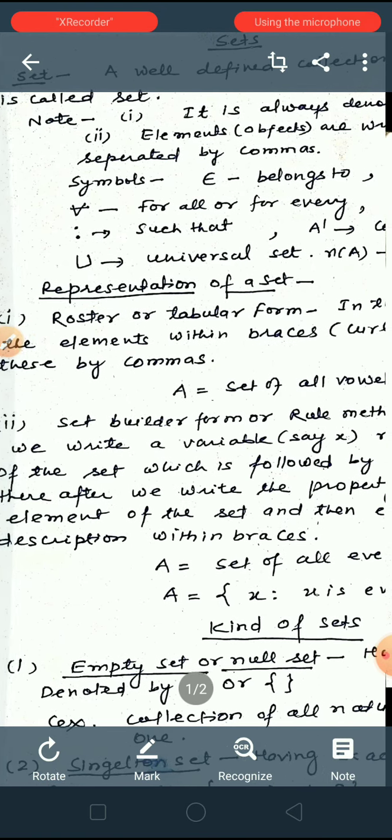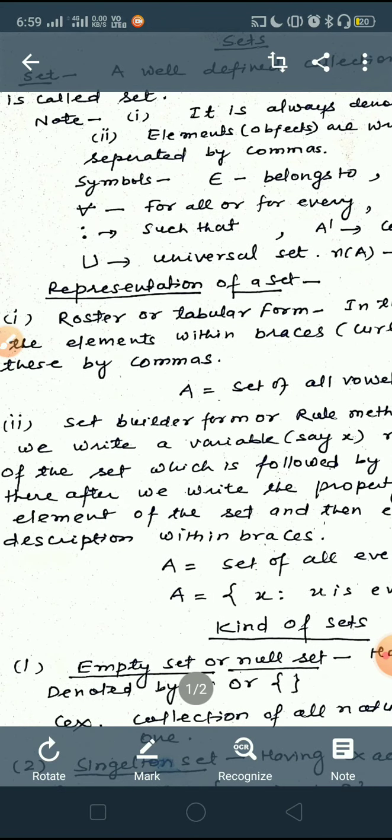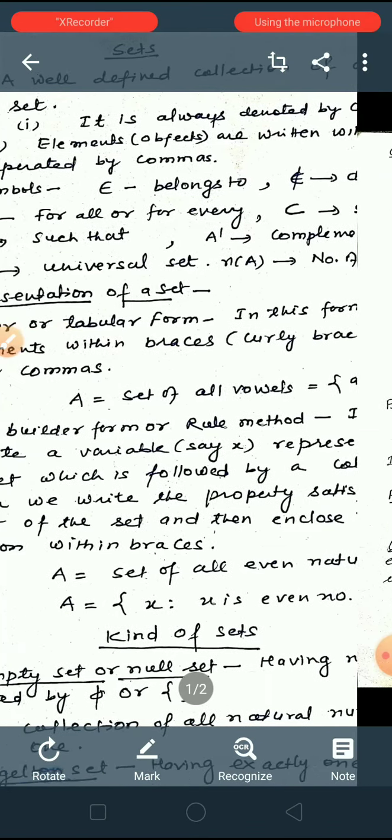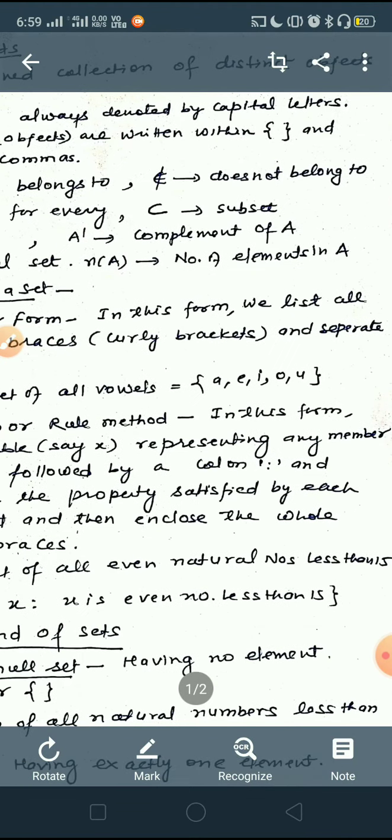Now children, some facts about sets. A set is always denoted by a capital letter, meaning you cannot use any other letter. Another letter may be a small letter, but we have to use only a capital letter.